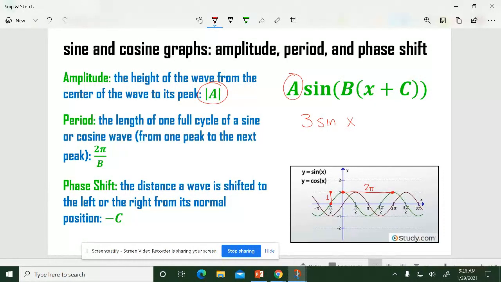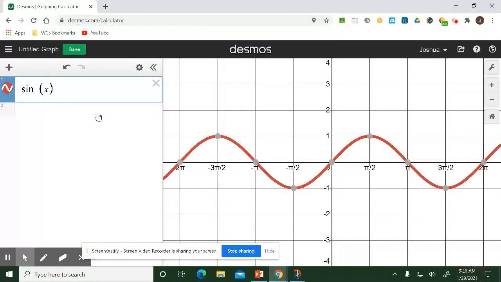Now, the way you would change the period of a wave is by multiplying the variable by something. So let's say, for example, I multiplied this x by 8. Actually, let's go ahead and look at this on Desmos so you can see what happens. When I multiply that variable, I'm multiplying my angle measurements.